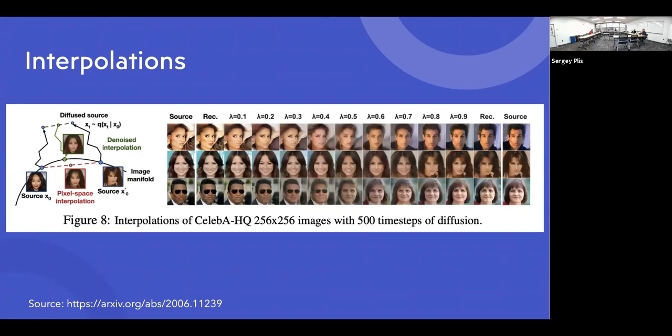And they can also do interpolations. Where if you take a source and something you want to interpolate to, you can do interpolation in the latent space basically, where these are their results.